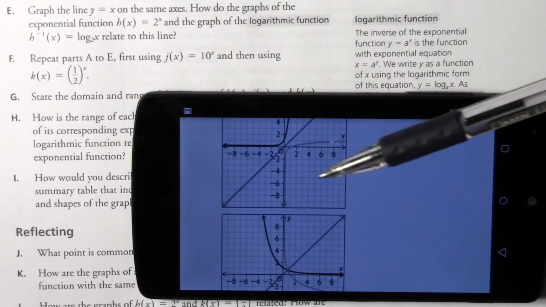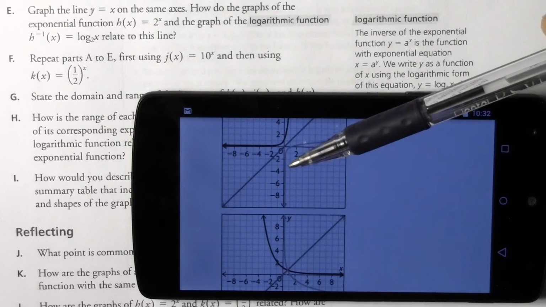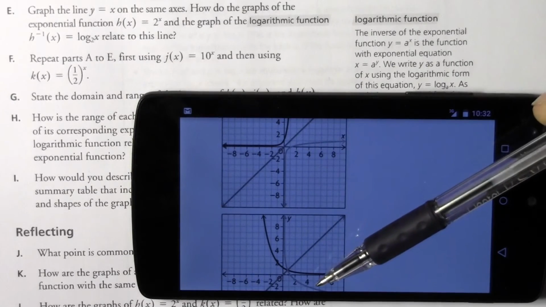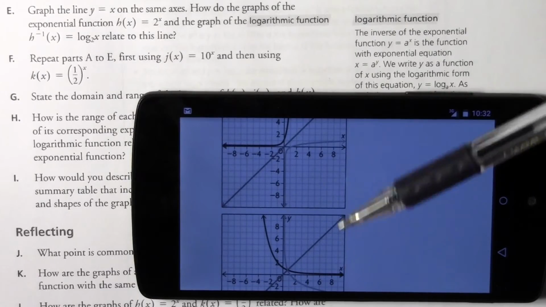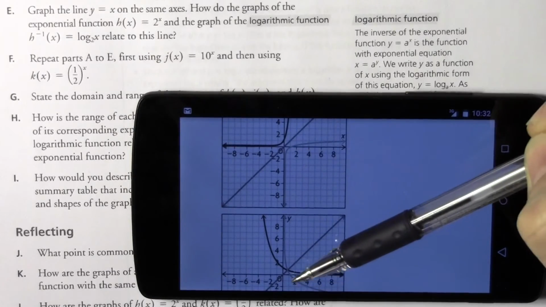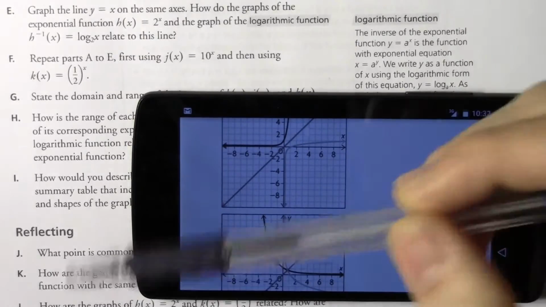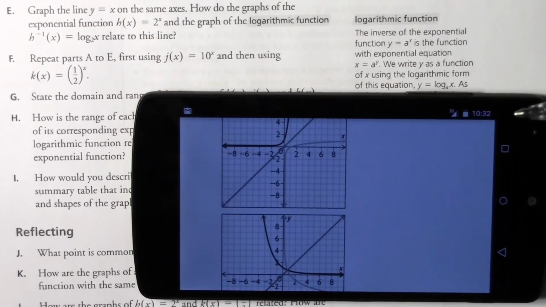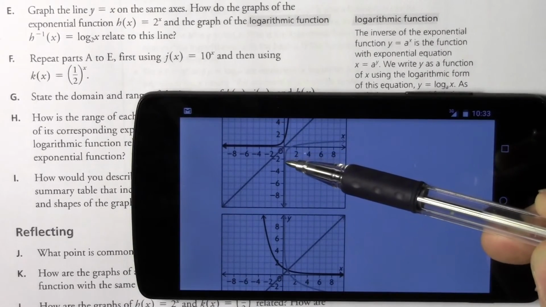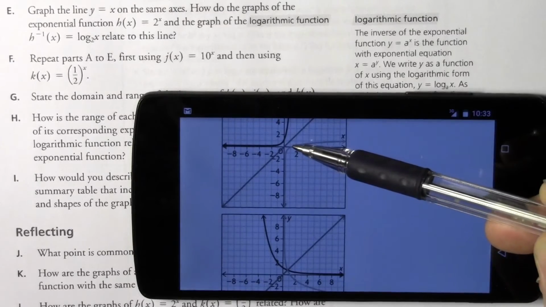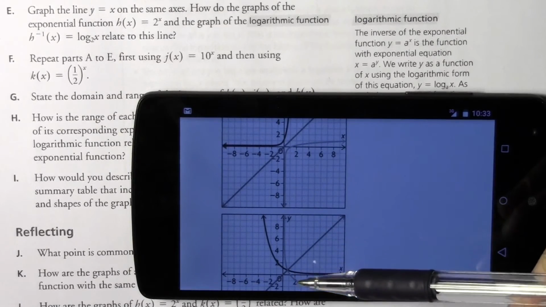So in other words, the exponential function intercepts the y-axis at 1. Logarithmic functions intercept the x-axis at 1. You guys see that? So if you draw a logarithmic function with no translations, it has to go through 1 on the x-axis. That point will always be there, just like that point is still there. See? Any questions there?